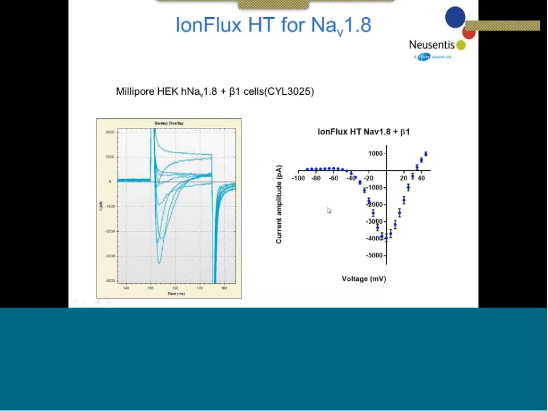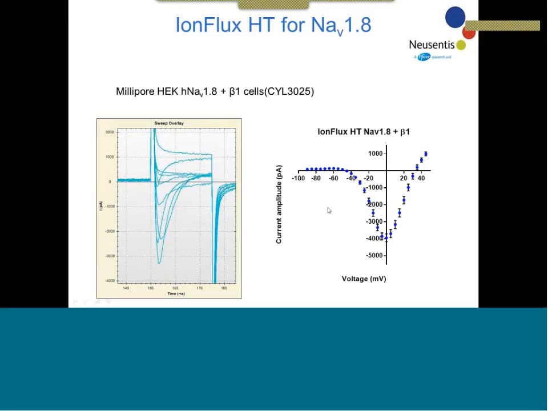Voltage-gated targets. We've been using the Millipore, I should say Eurofins here, obviously. Old habits die hard. We've been using the Eurofins human Nav 1.8 plus beta 1 cells, and been running those. On the left-hand side, I'm just showing some example current sweeps from an IV experiment. And then on the right-hand side, showing the derived values in a plot.